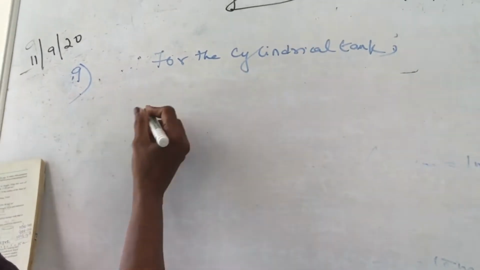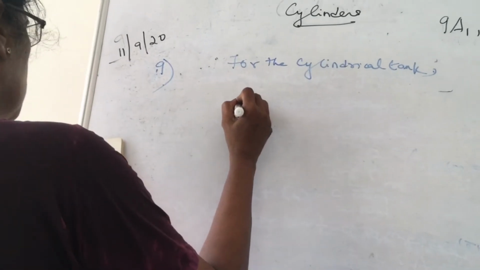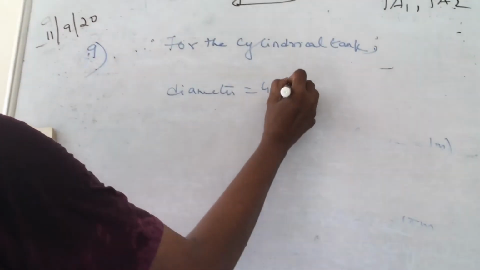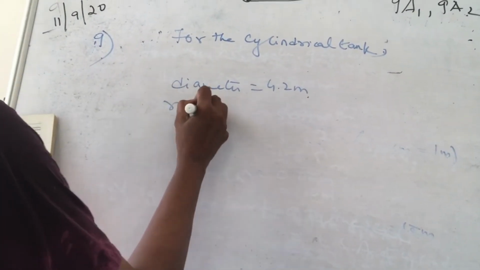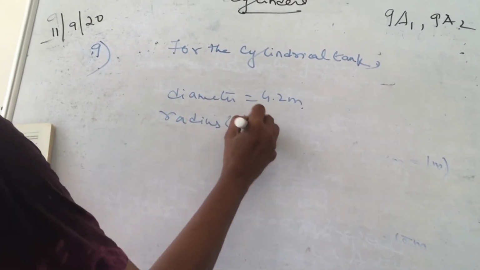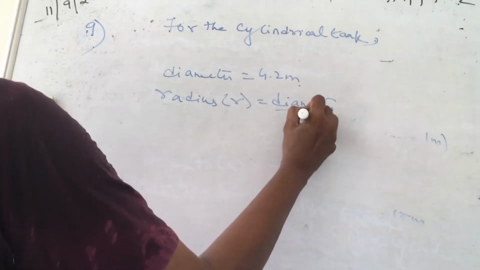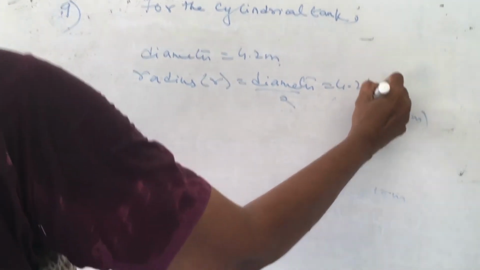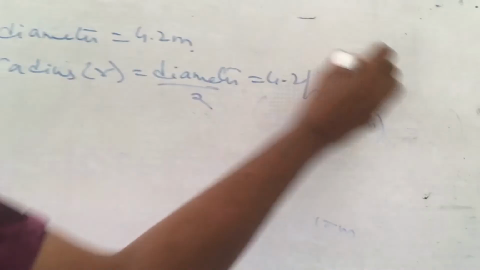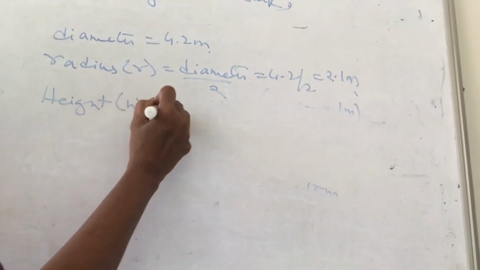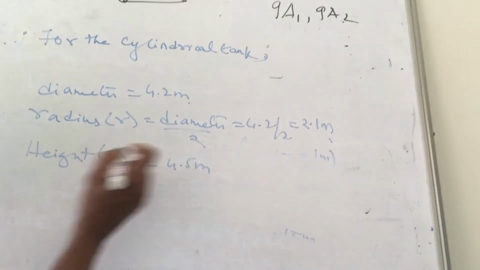what are you given, girls? Yes, diameter is how much? 4.2 meters. Radius is how much? Radius R is equal to diameter by 2, which is equal to 2.1 meters. Height H, how much is your height? 4.5 meters.